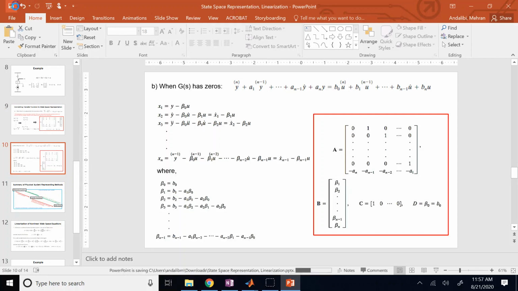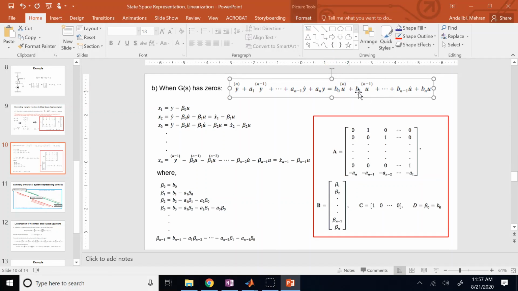Now, the hard case is when there is numerator dynamics. There is S term, or there are S terms in the numerator. So your numerator is actually not 0. Still, the leading term in denominator is 1, but your numerator has time derivatives. There are time derivatives of input in your numerator. In that case, it is not going to be as easy.